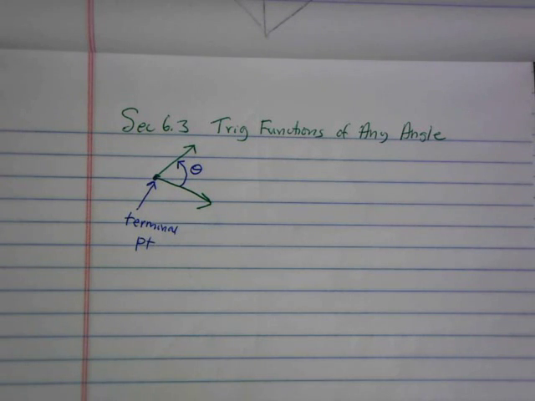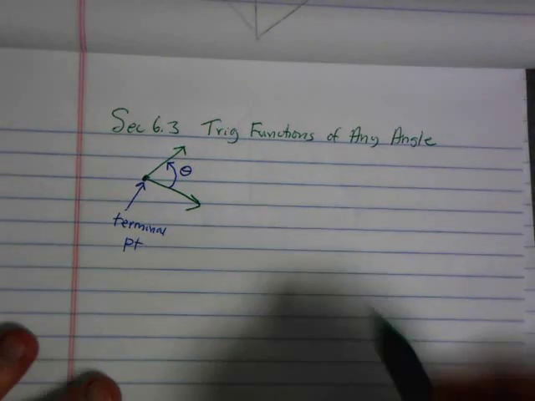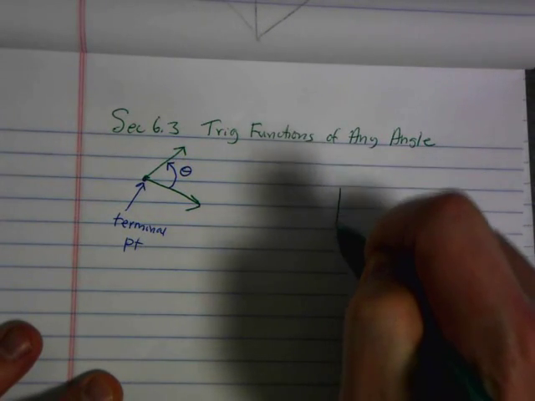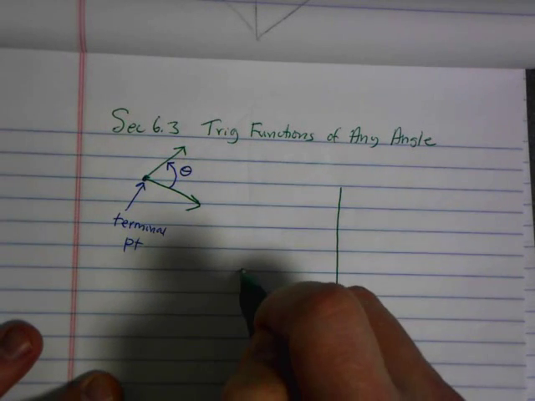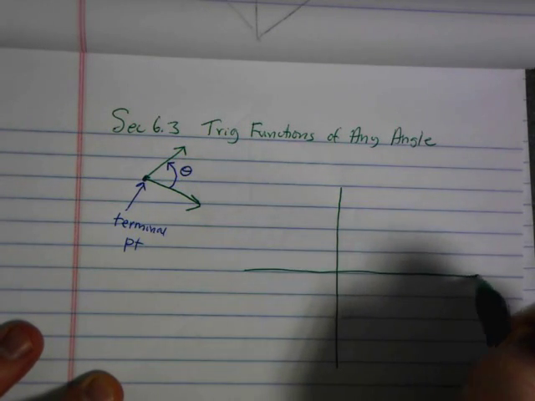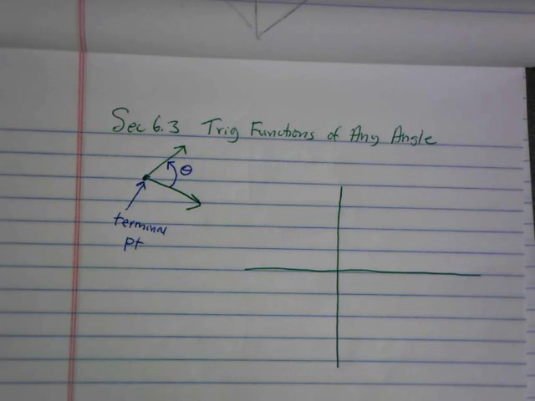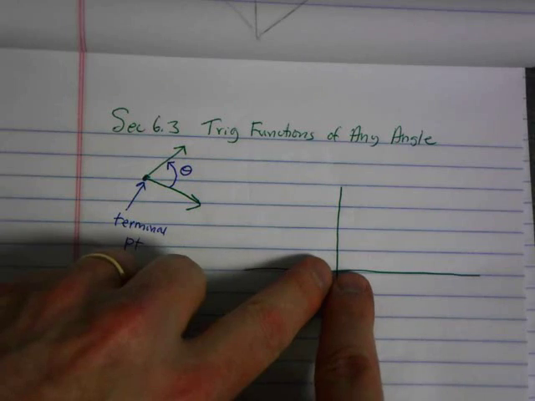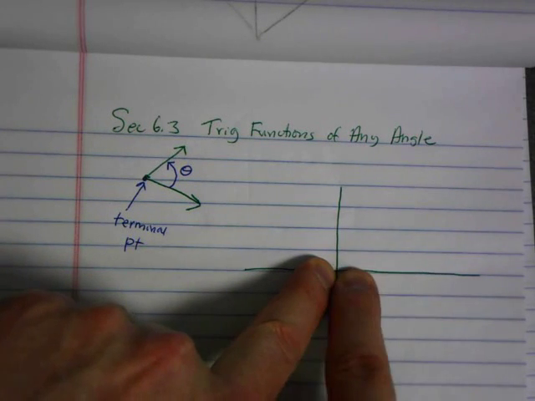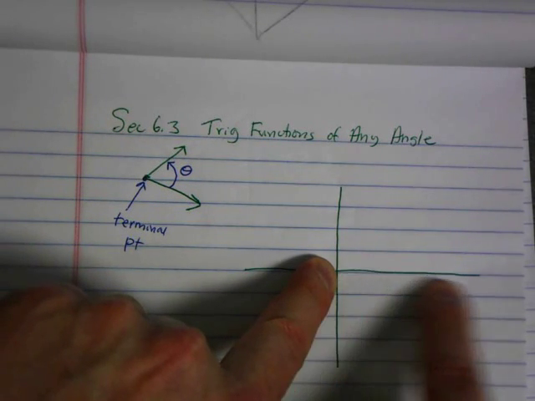Now, in this class, and in most situations, when we draw angles, we draw them on our standard Cartesian coordinate plane. And how do we usually draw angles? Usually, one of our terminating rays is the positive x-axis.